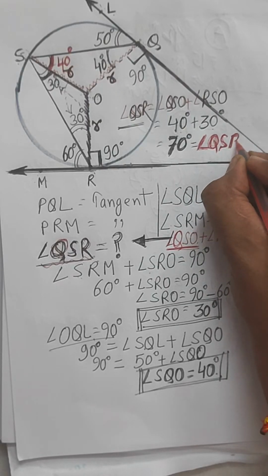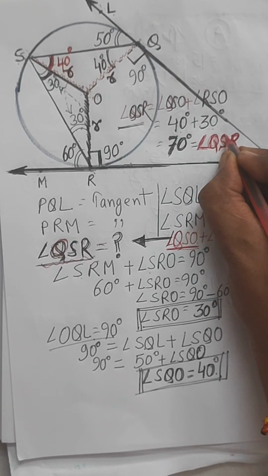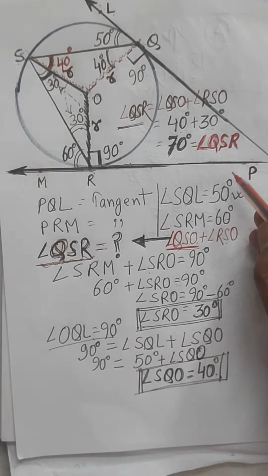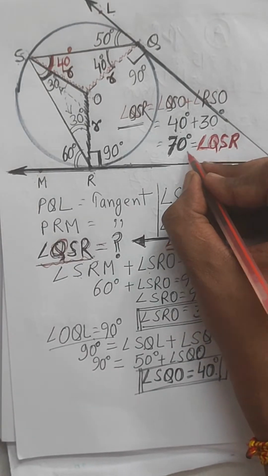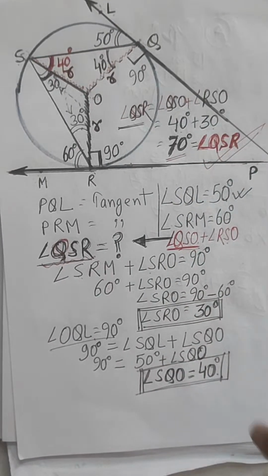I'm overwriting and making multiple lines so that it will be bold and visible to you. So angle QSR is calculated as 70 degrees, which is your answer.